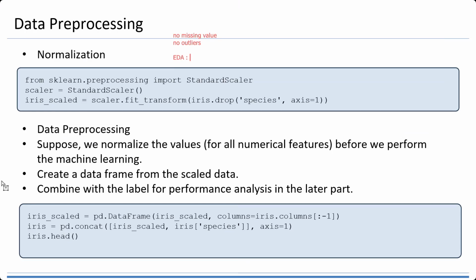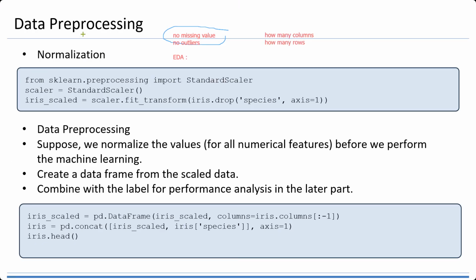Because in the EDA, we can see, is there any missing value on your data? And then is there any outliers in your data? So we need to check this one before we do the machine learning. And also, we can check how many data, how many columns will you do for the analysis? How many rows will you use for the analysis? This will also affect the result.